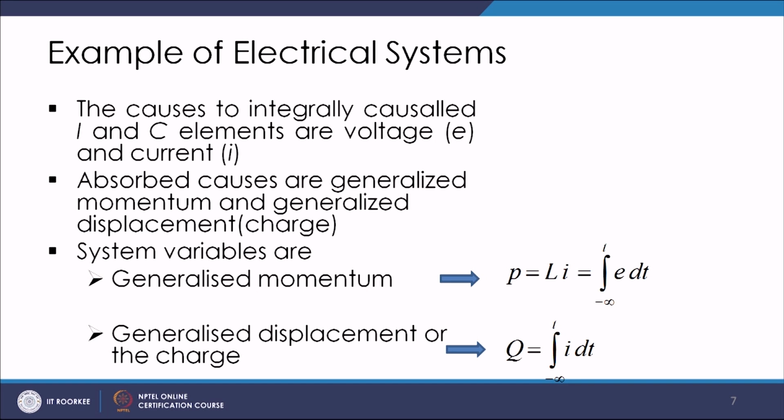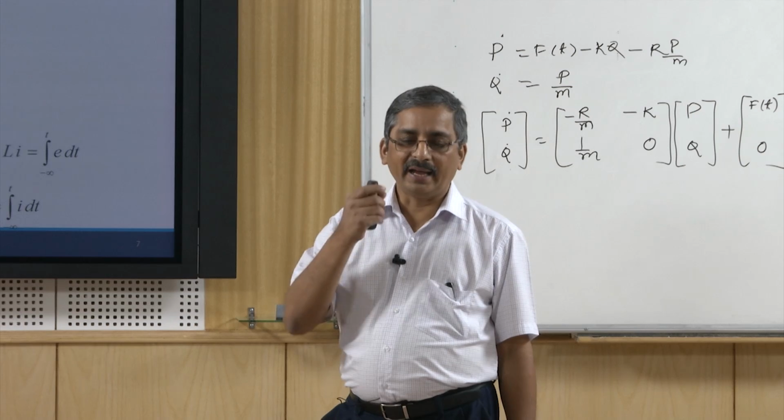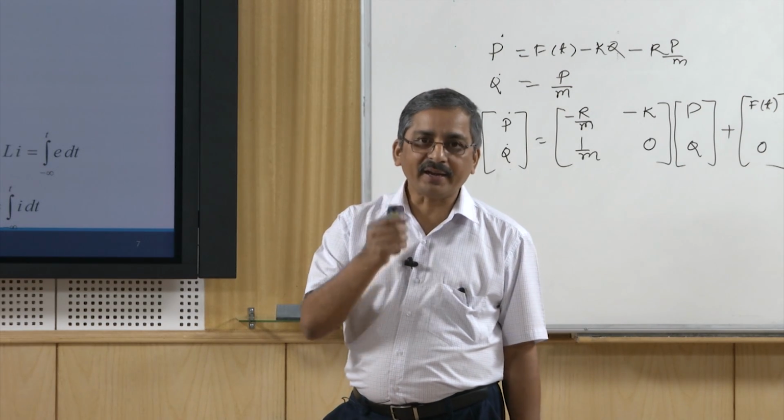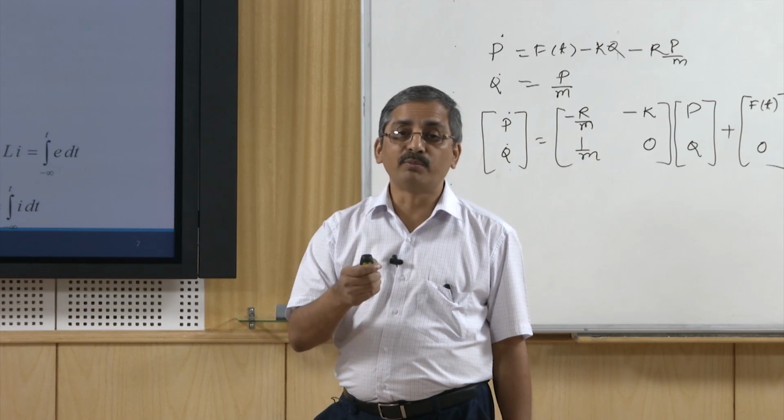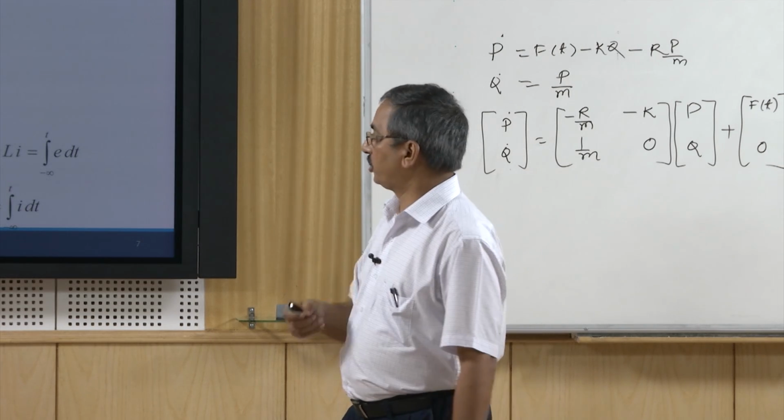Fine. So, voltage and current are the causes. So, the observed causes are the generalized momentum and the generalized displacement, that is charge. So, the equations in an electrical system will be written in terms of generalized momentum and the charge.